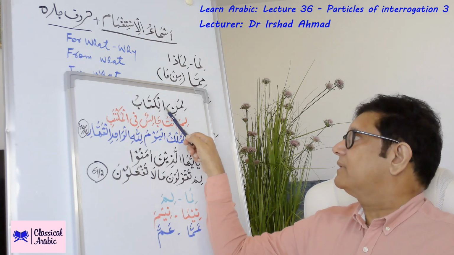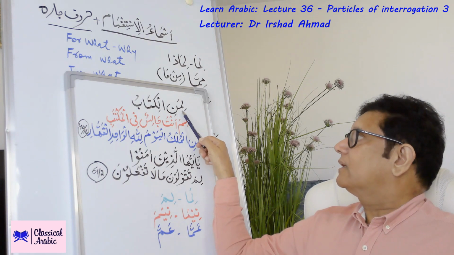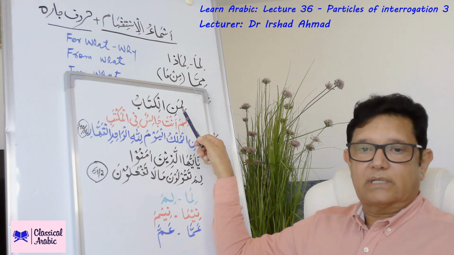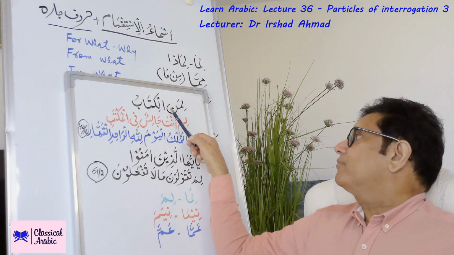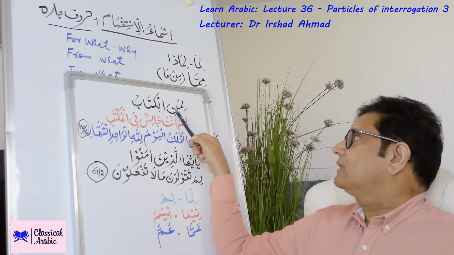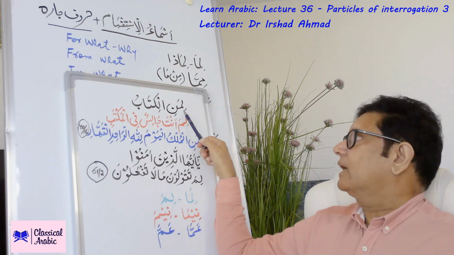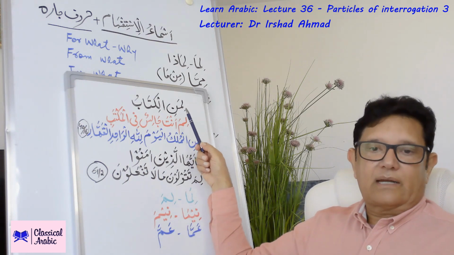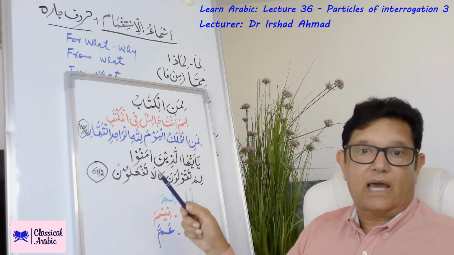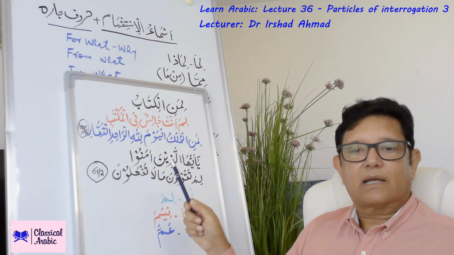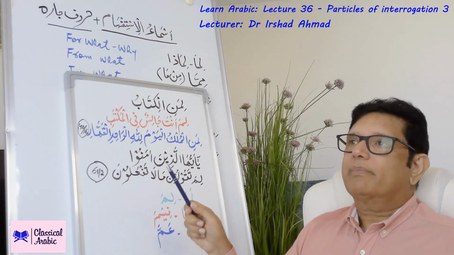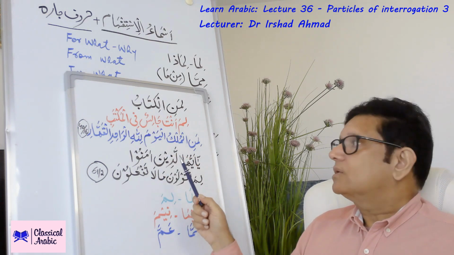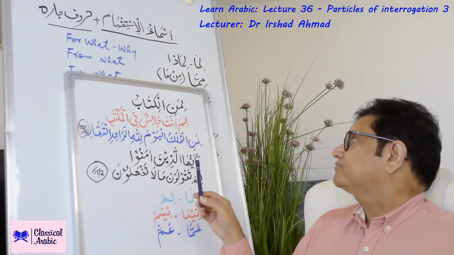So we can say this is a combination of particle and noun. So basically these are two words we can say. I'm saying kalimat from the English point of view. We know that in Arabic, one is a kalima, two is kalimatani, which is dual, and three plus, which is plural, is kalimatun. So that's how we say.